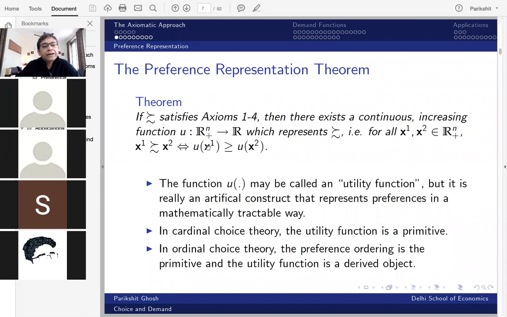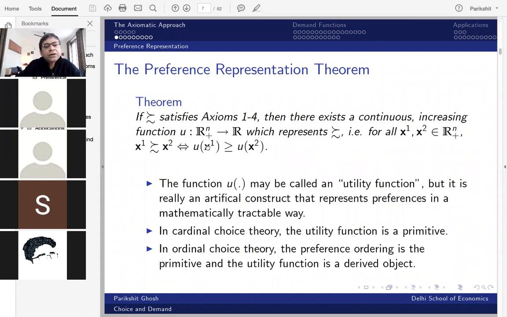In other words, this function is kind of a measuring tape, if you will. It assigns one number to every bundle, and that number becomes an index of preference. Higher numbers represent more preferred bundles.